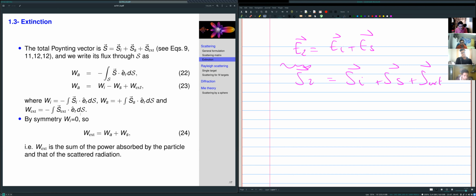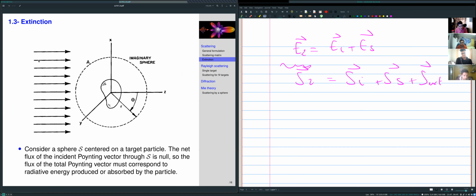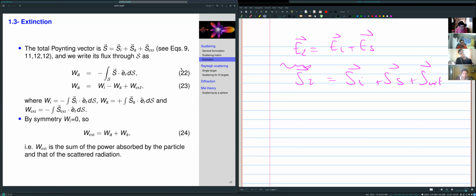As anticipated by symmetry, the flux of the incident Poynting vector would be 0, because it's kind of obvious: everything that comes in through the sphere is going to come out for the incident Poynting vector.